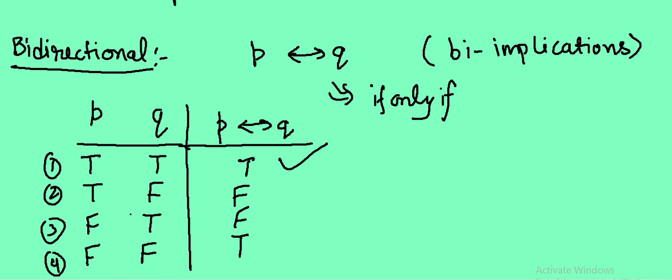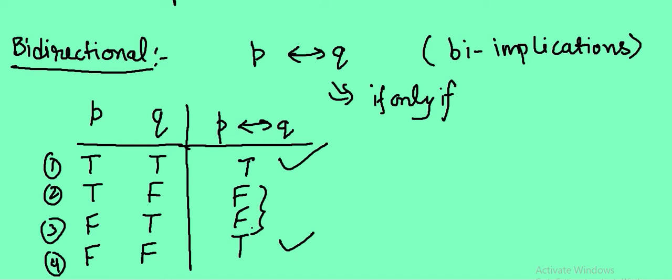When P is false and Q is false, then the whole statement is true. Otherwise it is false. So this is your biimplication or bidirectional statement.